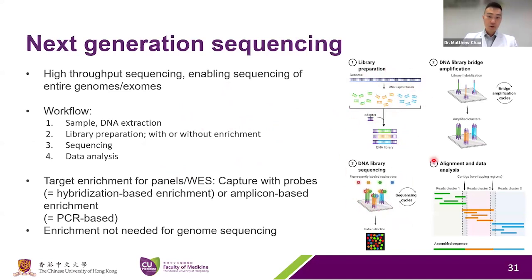I'll talk about more of the workflow in the subsequent slides. It can be performed using a targeted approach. For example, in exome sequencing, we're capturing only protein coding regions for sequencing. This can be done by either a hybridization method or an amplicon-based method. If we're doing whole genome sequencing, then we do not need to enrich or capture the segments.